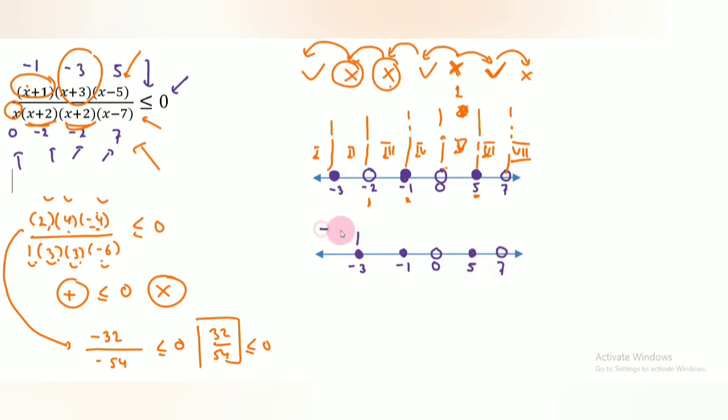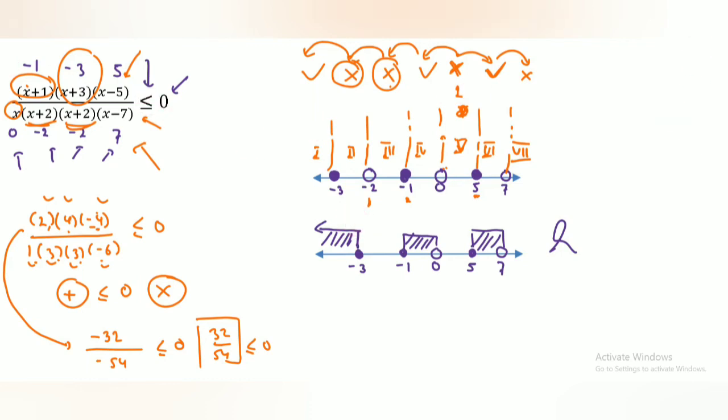So all values of x that are less than or equal to negative 3, all values of x between negative 1 and 0, where negative 1 is included, and all values between 5 and 7, where 5 is included, are your solutions. Okay, that is your final answer. That's how you do it.